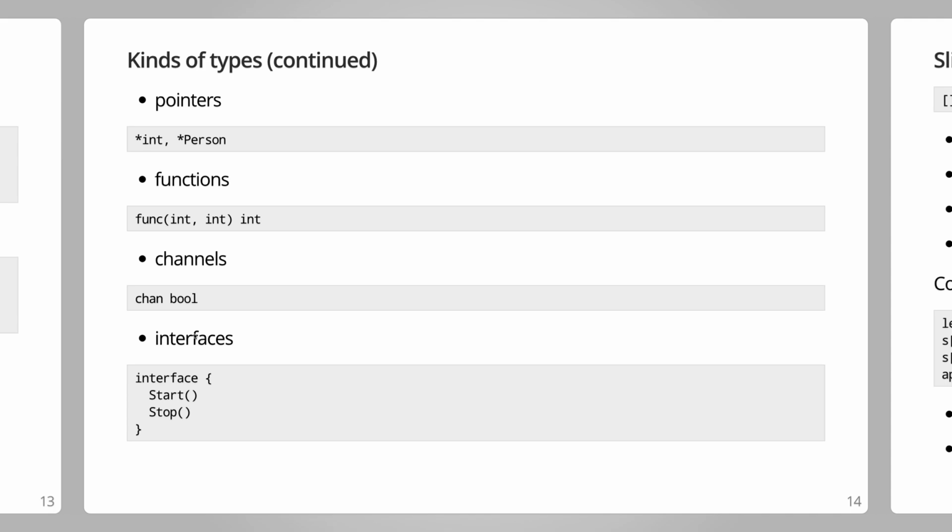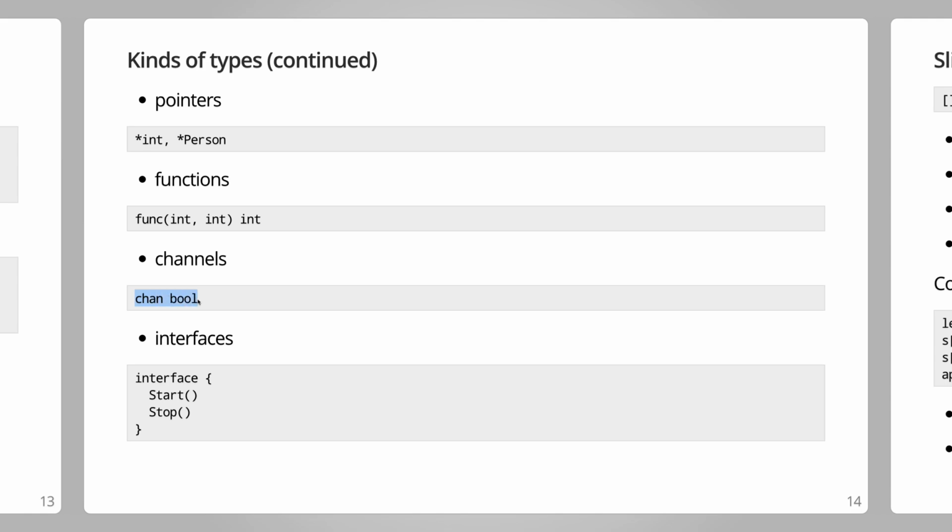All right. So in addition to these primitive types and the structs, we can also have pointers, and pointers are written with a star in front of them, like this. And we'll get back to a little bit more about pointers in a minute. We have functions, obviously, and they're written with func as the keyword, and then you may have arguments to the function, and you have the return type of the function on the right hand side here. We'll see more about functions also in a minute.